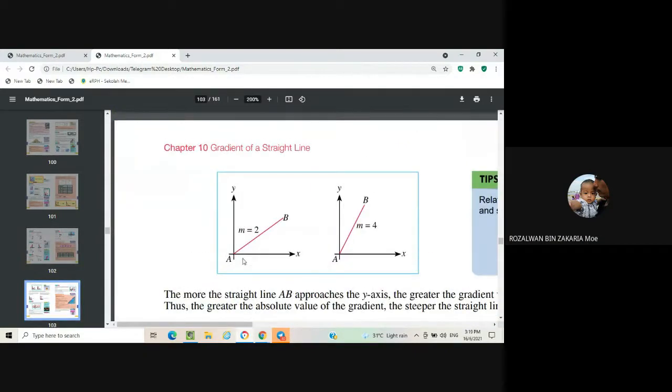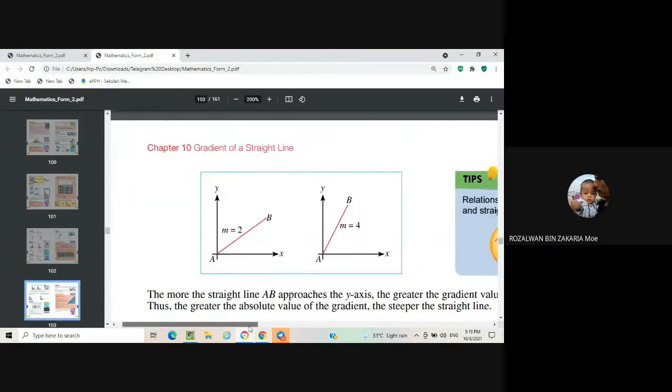Now look at this one. Please refer to this diagram. We have two graphs, the two graphs of AB. The small m refers to the value of the gradient. The gradient for the first graph equals 2.